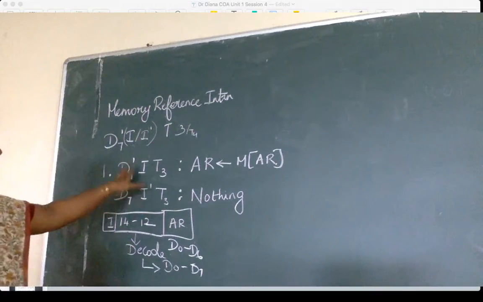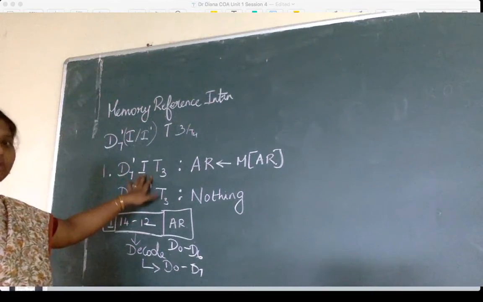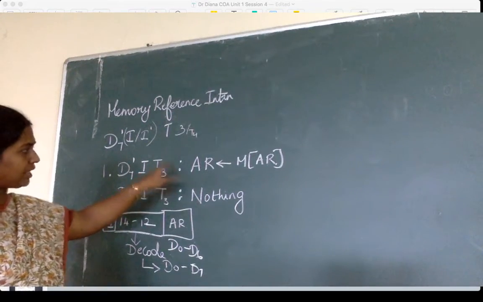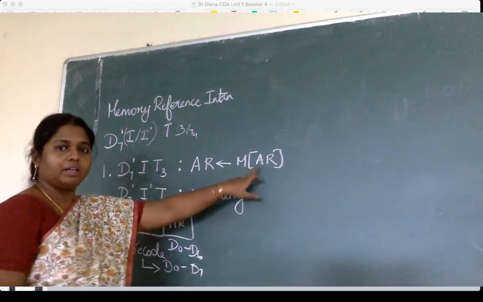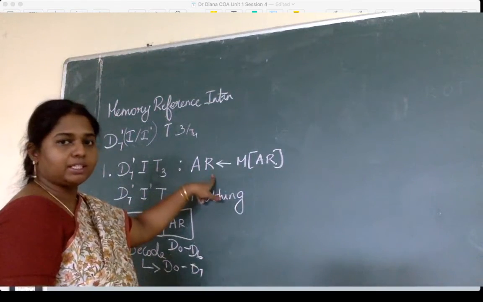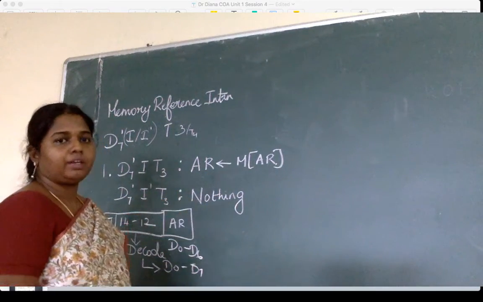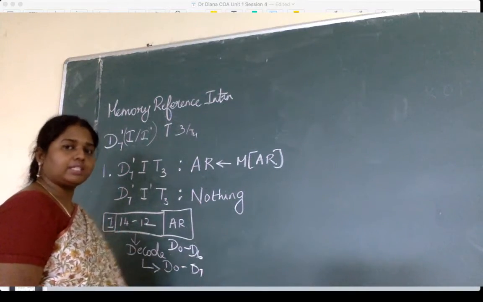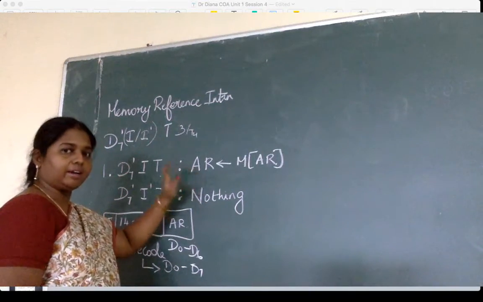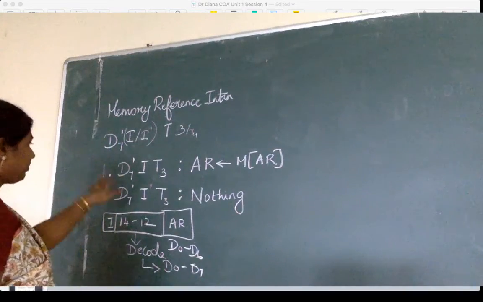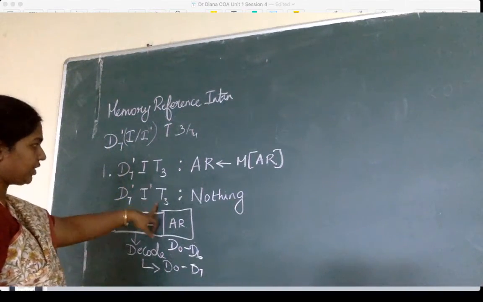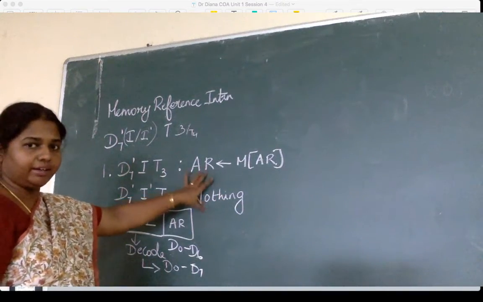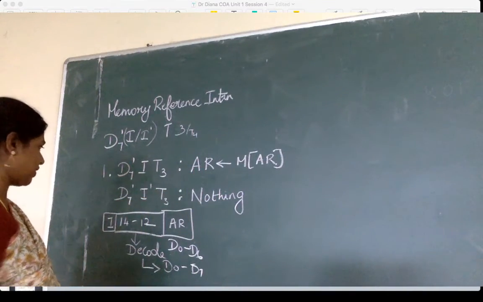So at D7' I, that is, if the value of I is 1, at time cycle T3 I bring the exact operand's address inside the address register. So now I have the data's address in the address register, be it direct or indirect. It's available now. And at D7' I' T3, I do nothing. This is for synchronizing direct and indirect memory type of instructions.